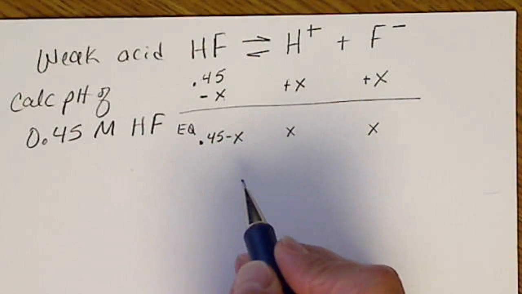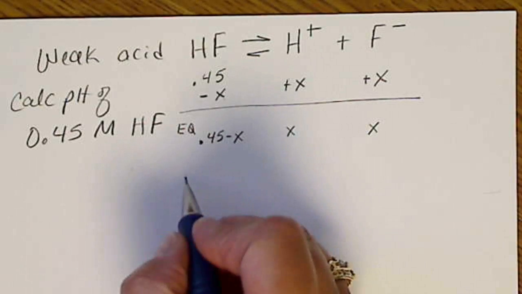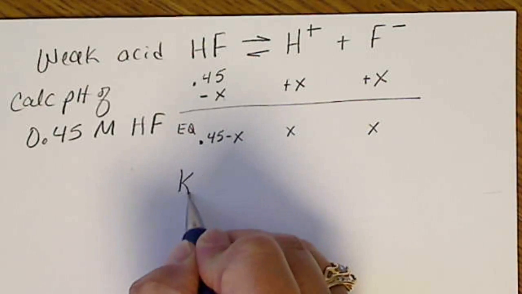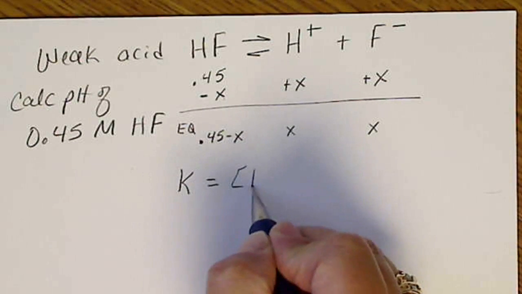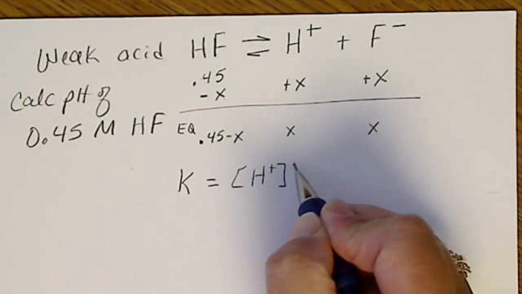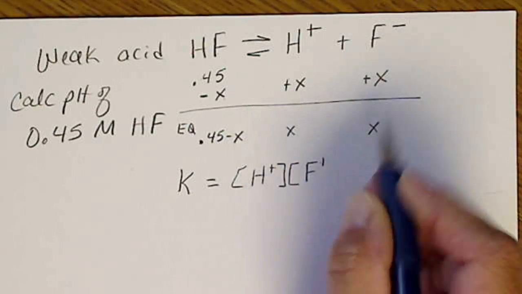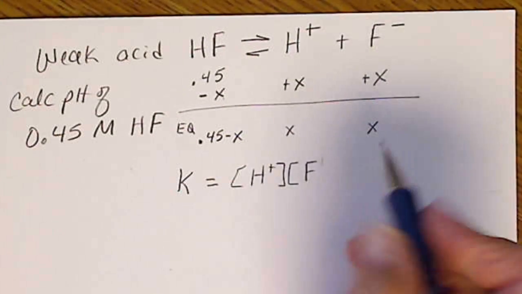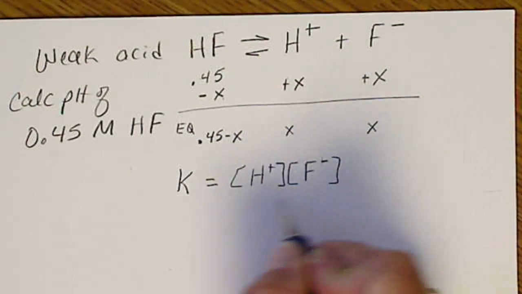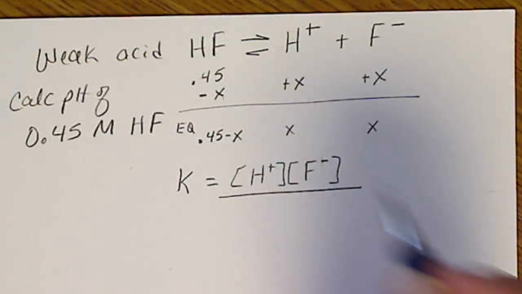And then if we write the equilibrium expression for this, K equals the product of the products, H plus F minus, over the reactants.